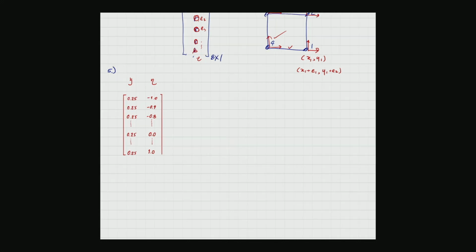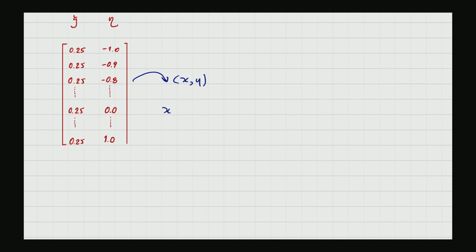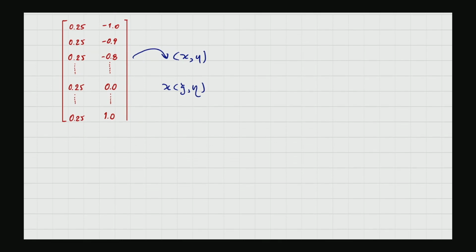And in order to convert all of these into the xy coordinate, x is approximated by the function of C and eta, right?